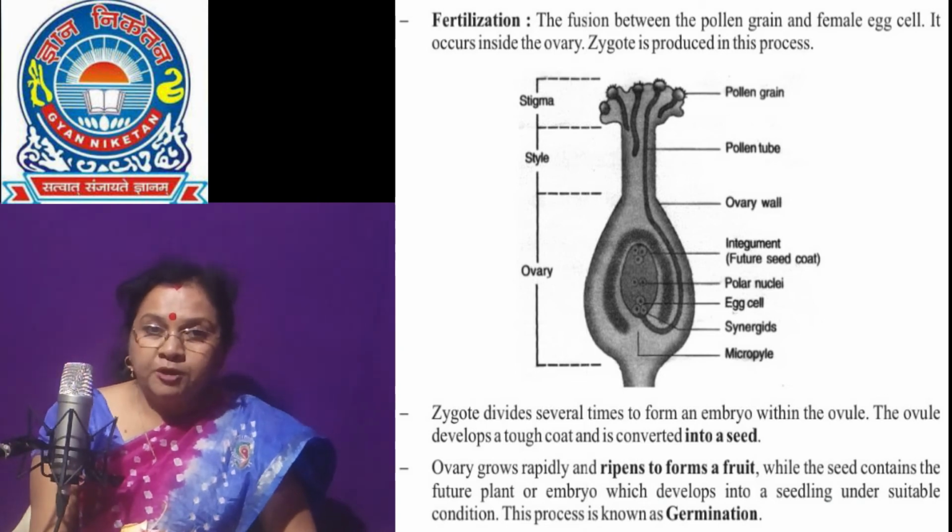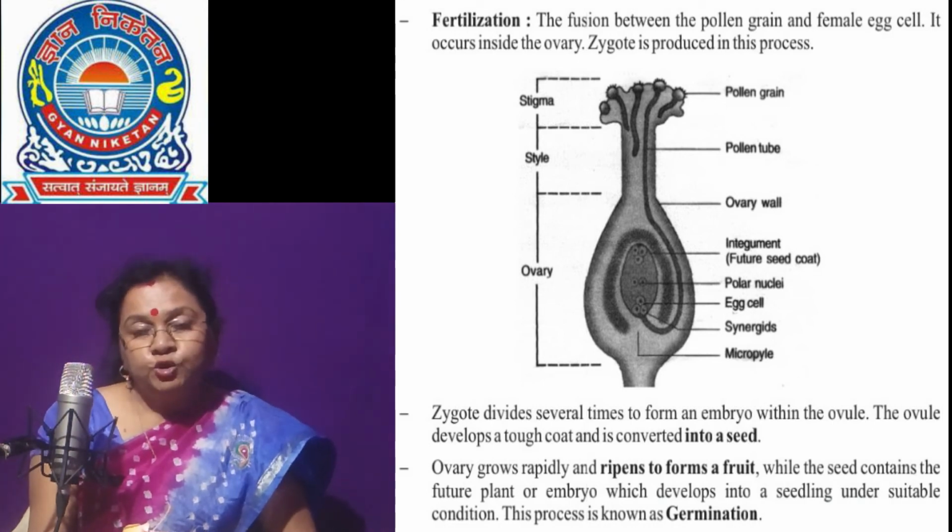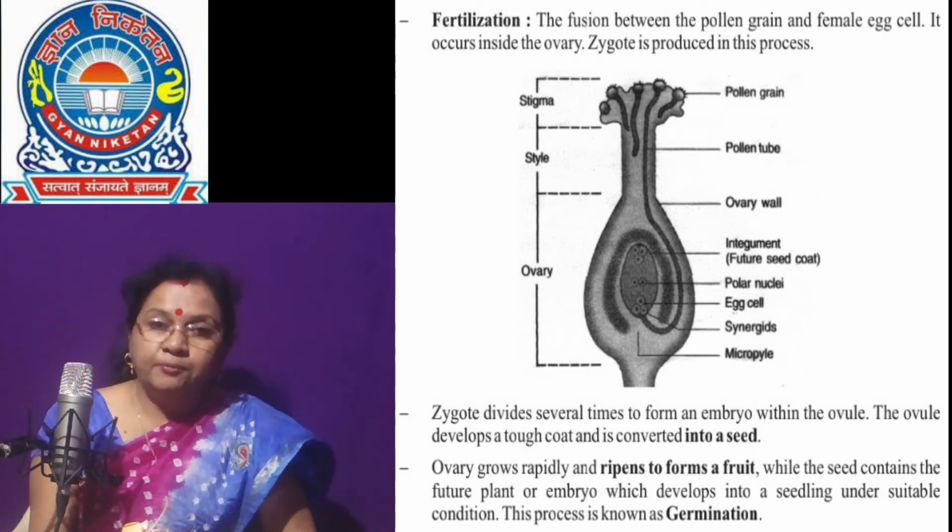The endosperm, which is triploid in nature, is associated with the seeds. There are two types of seeds in plants: the monocot seed, which has a single cotyledon, and the dicot seed, which has two cotyledons.